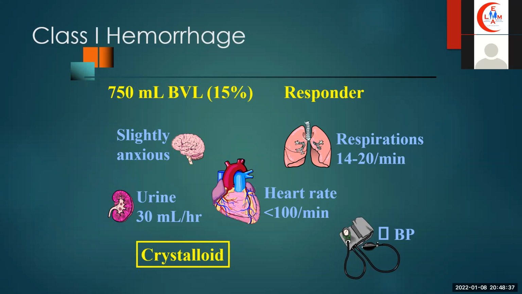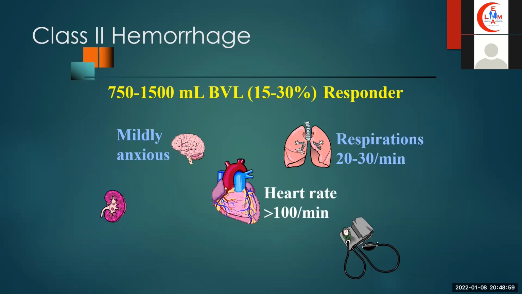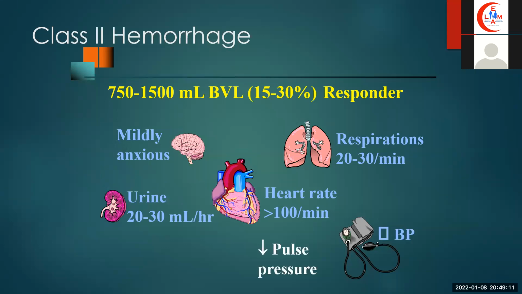hemorrhage. Class 2, if the patient lost more than 750 up to 1.5 liters, so it's around 15 to 30%. Still, those patients are responding. He's mildly anxious, respiratory rate now slightly increased, the patient slightly tachycardic, urine output might be minimally reduced. Now the blood pressure is normal. Why? Because of the compensation mechanism.